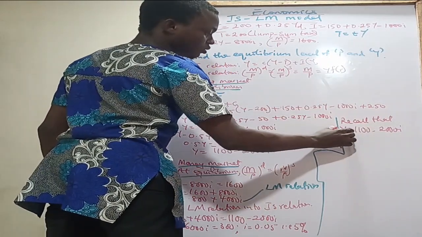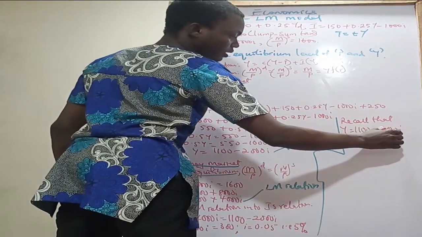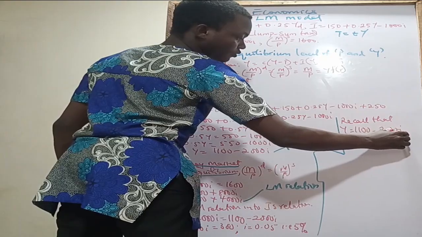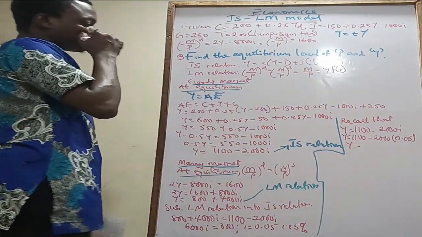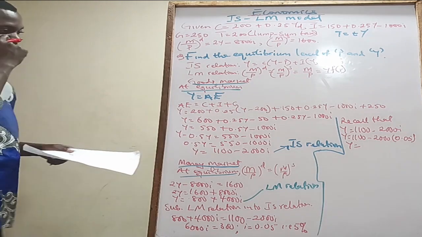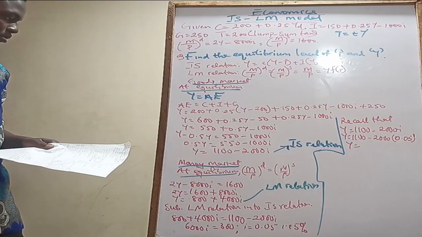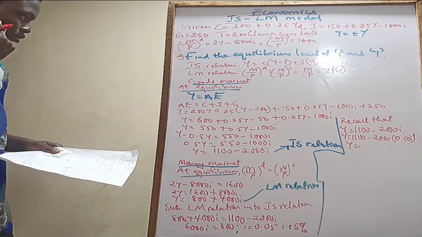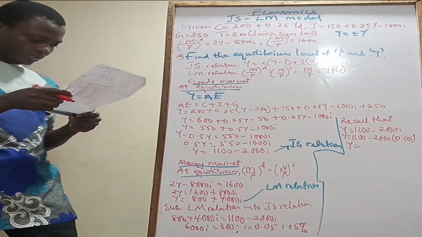So Y then equals 1100 minus 2000 into bracket 0.05, so 5 over 100.